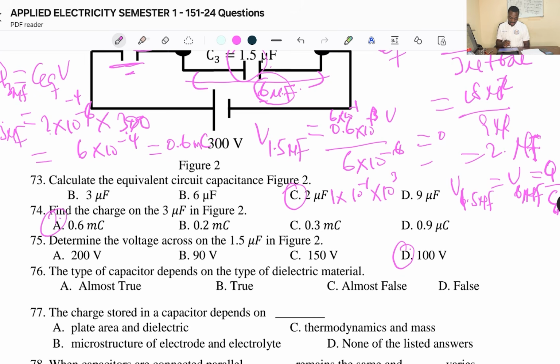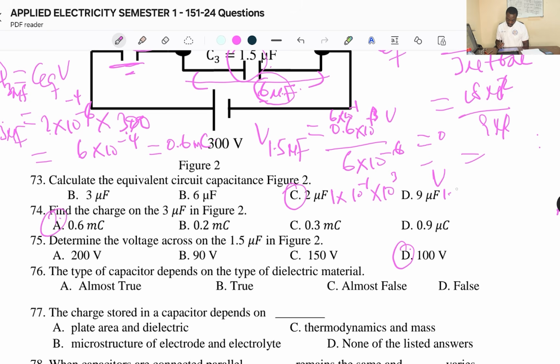If you don't want to do it this way, you can even get the same answer by using the voltage divider rule. If I'm interested in the voltage across the 6 microfarad, which is going to be the same as the voltage across the 1.5 microfarad, I can just do this.